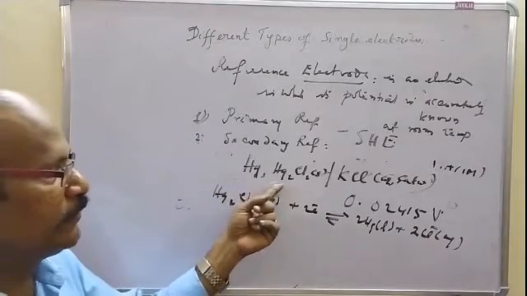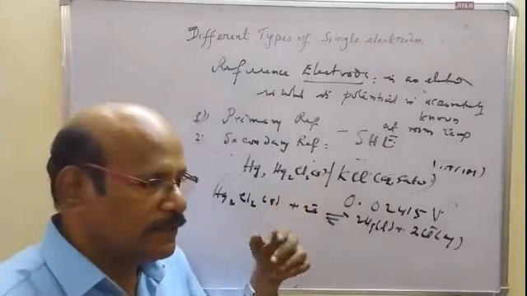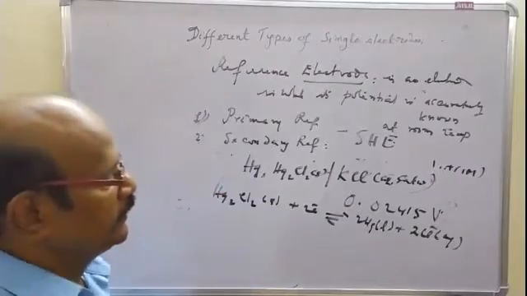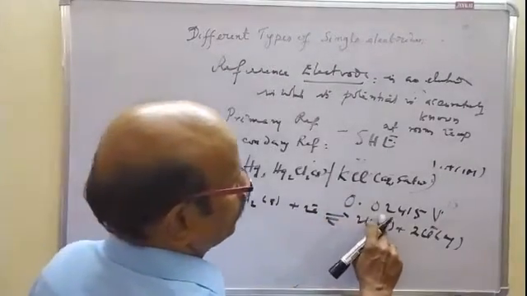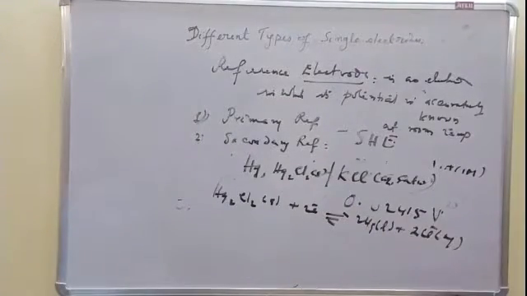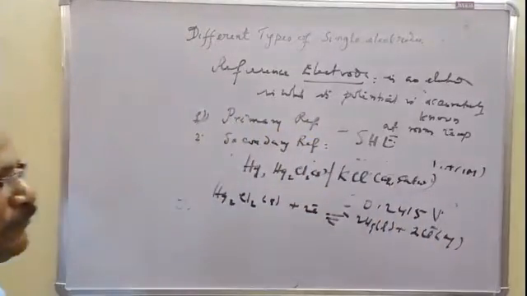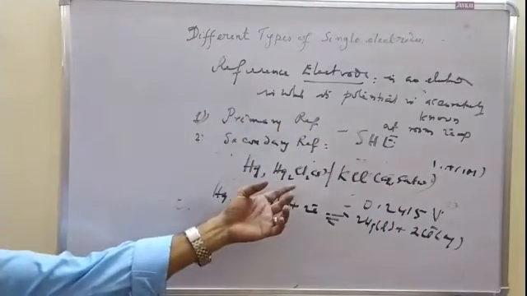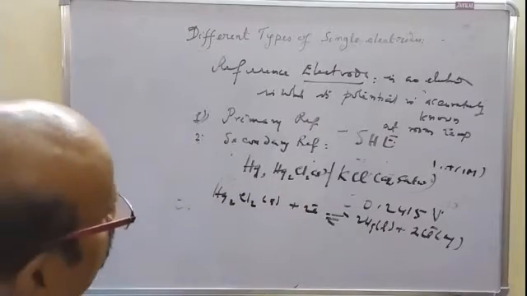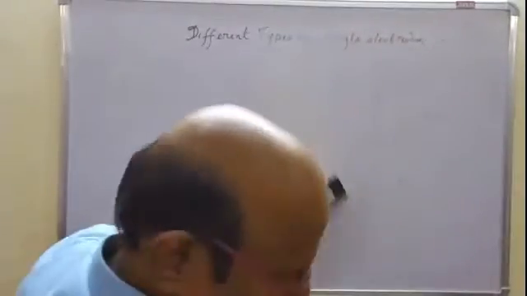It contains some liquid mercury in contact with mercurous chloride, an insoluble salt called calomel, which is also in contact with an aqueous saturated KCl solution, and its potential is usually taken as 0.2415 volts, and it is called the standard calomel electrode, a secondary reference electrode. Then we have to pass on quickly.